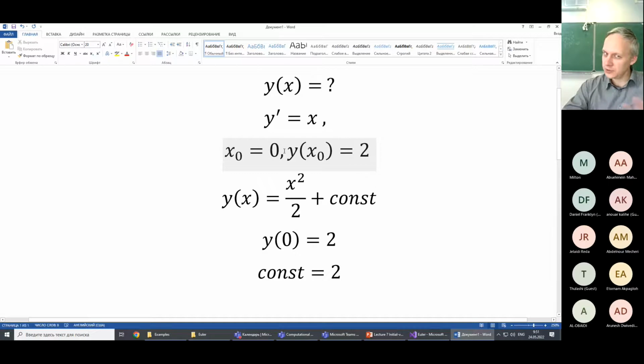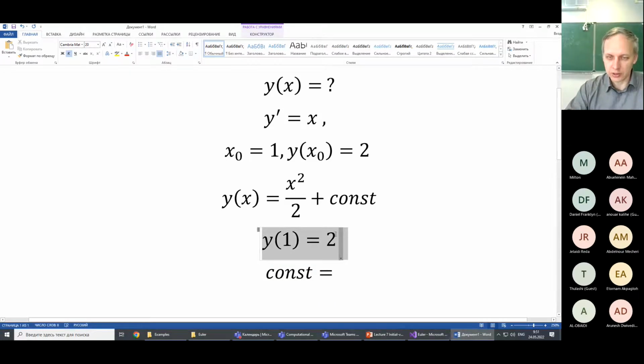Let's consider, just for example, another initial condition. For example, x0 equals 1, not 0. And in this case, we will have y of 1 equals 2. What is the value of the constant that satisfies this initial condition?